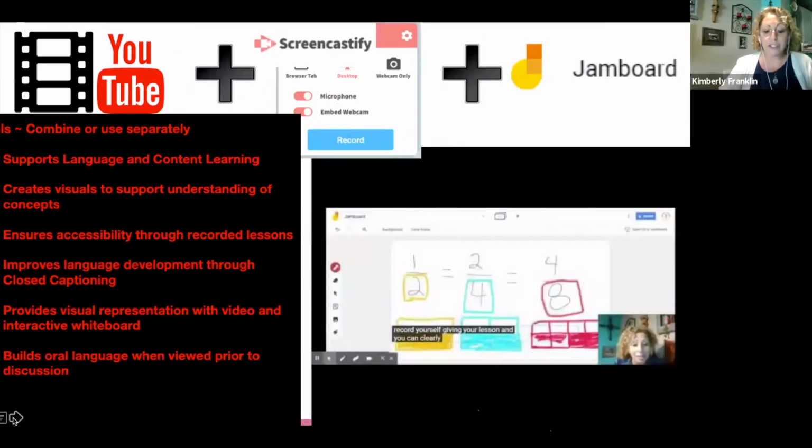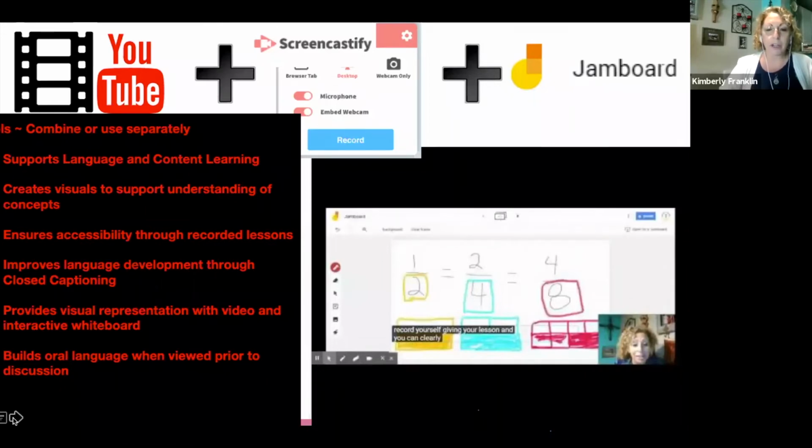This slide is 3 tools in one. You can use them together or individually: YouTube, Screencastify, and Google's Jamboard. In the virtual classroom, you now have a whiteboard, and it's called Jamboard. You can see it there on the bottom right. You can also use Screencastify to record your lessons for up to 5 minutes for free.